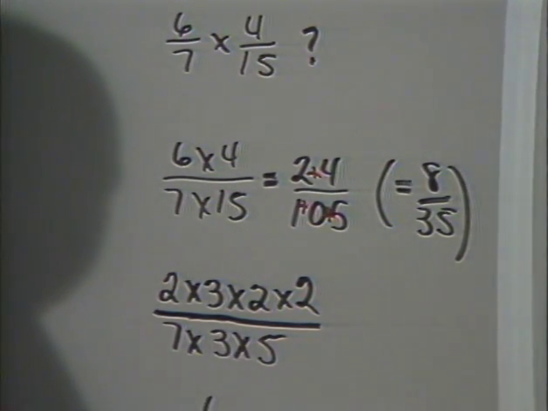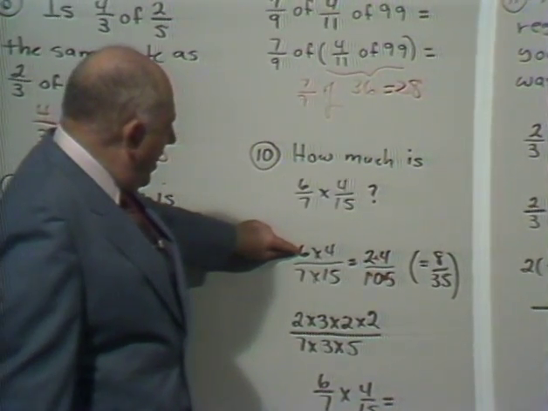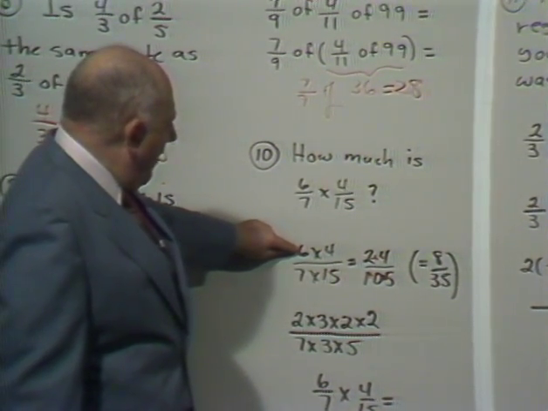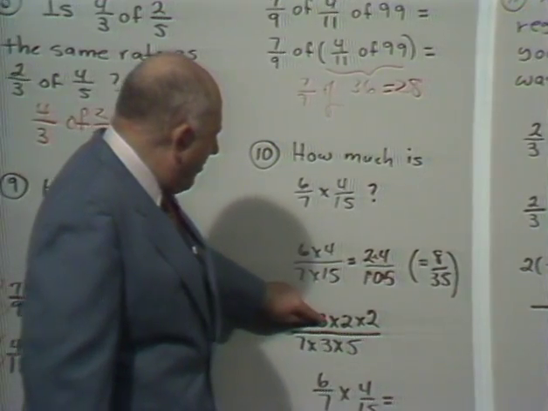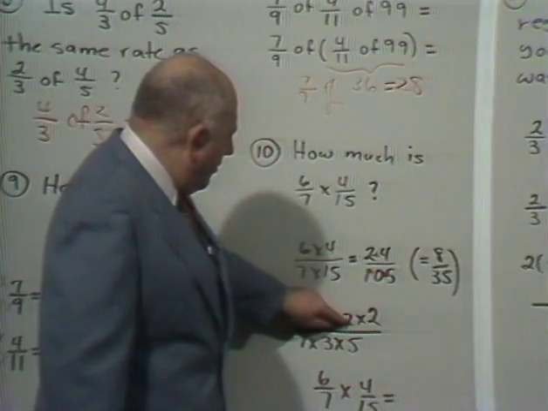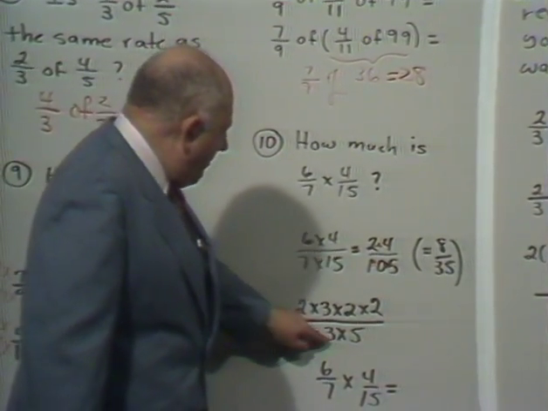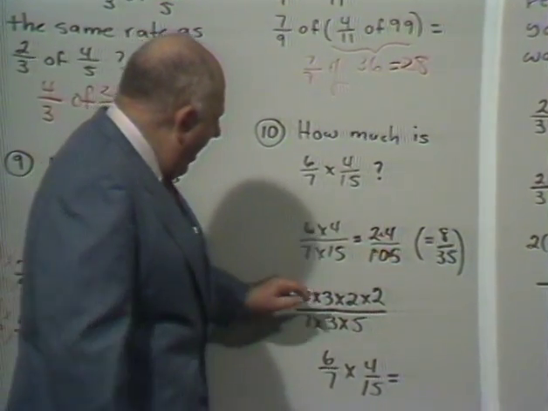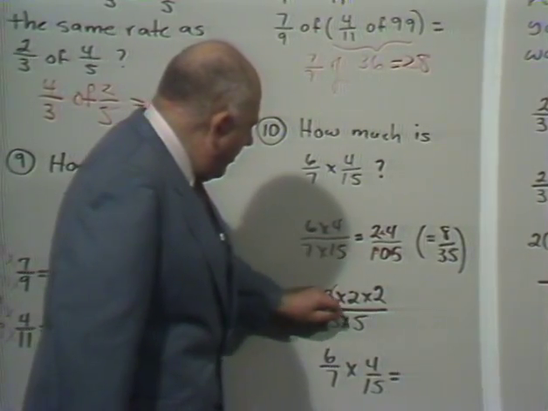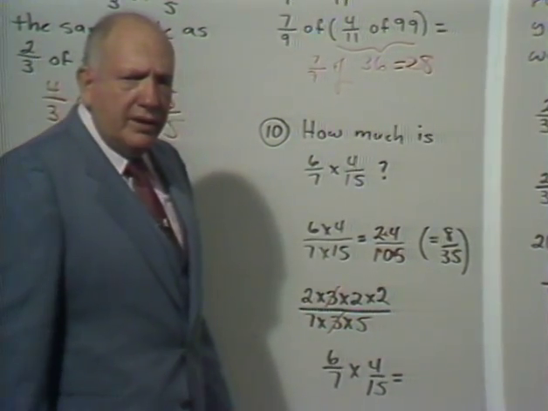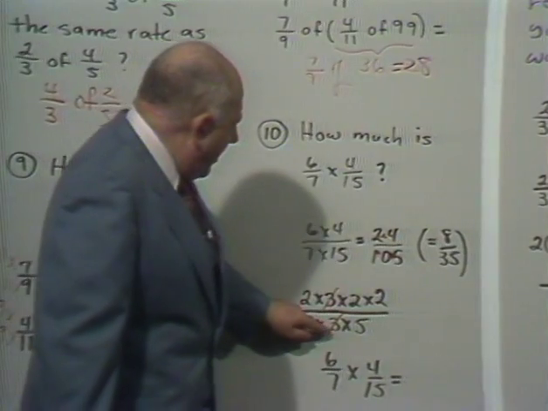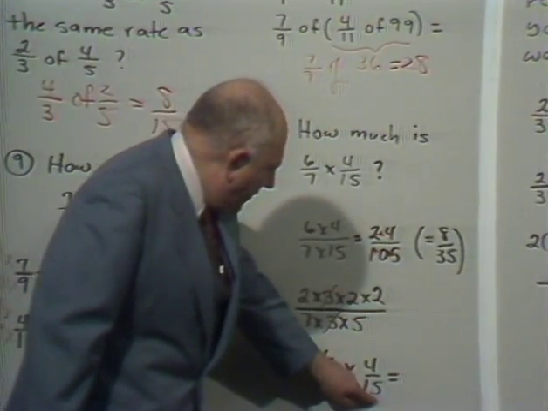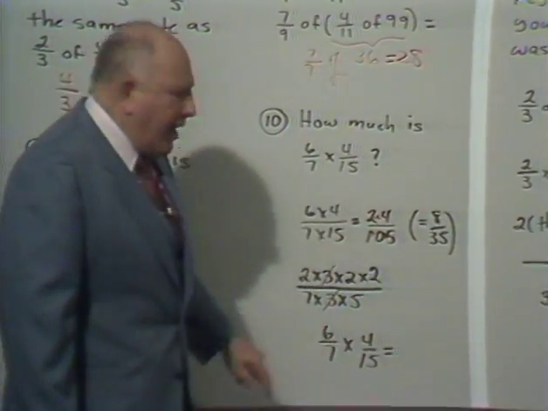How did that happen? You see, what happened over here is if we use prime factors, the 6 breaks down into 2 times 3. The 4 breaks down into 2 times 2. The 15 breaks down into 3 times 5. And so what we see is the 3 in the numerator can cancel with the 3 in the denominator. Notice that the 3 in the denominator came from the 15. The 3 in the numerator came from the 6.